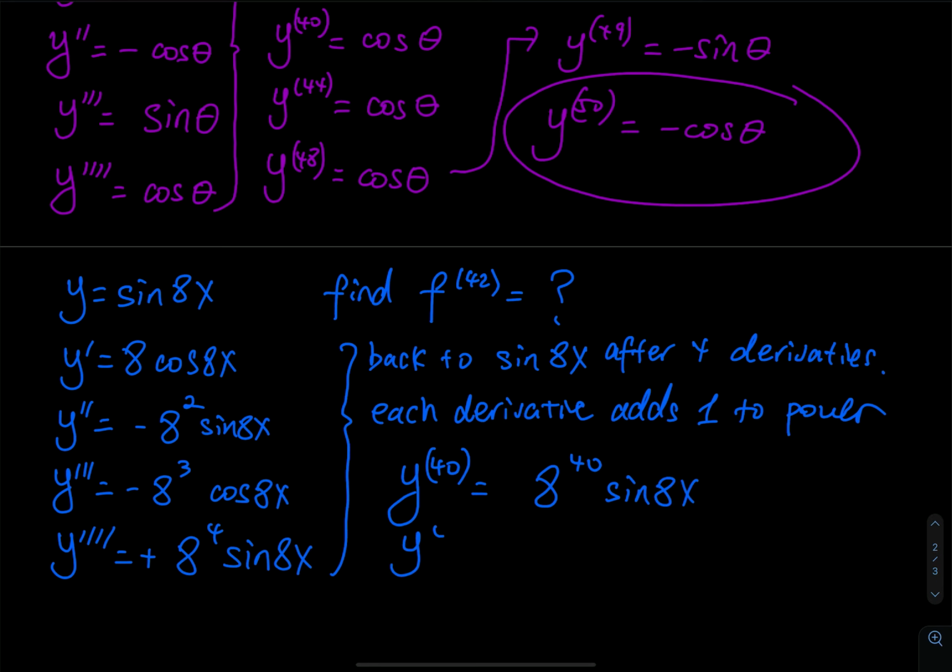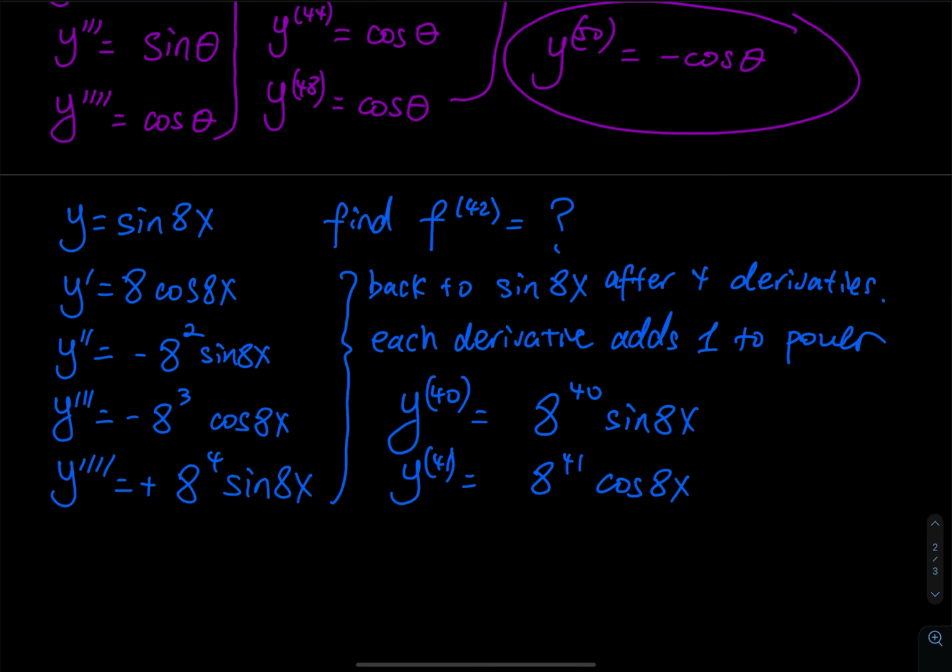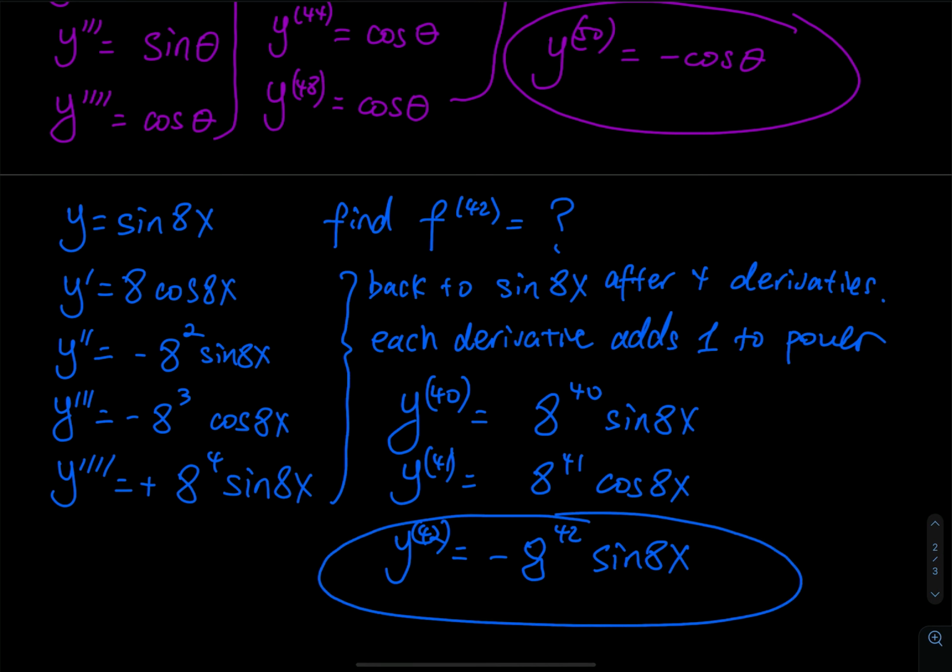Then the 41st, you have cosine ax, a to the 41st power. And then the 42nd gives you sine of ax, but this time there is a minus, then you have a to the 42nd power. Yep, like that. So this is the 42nd derivative.